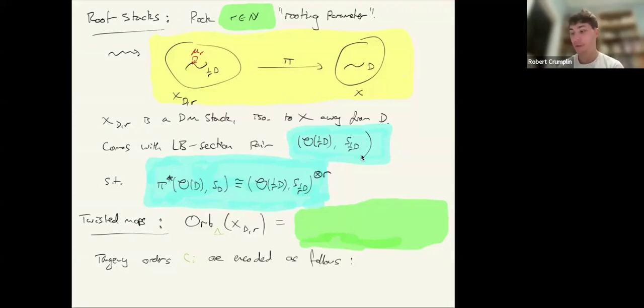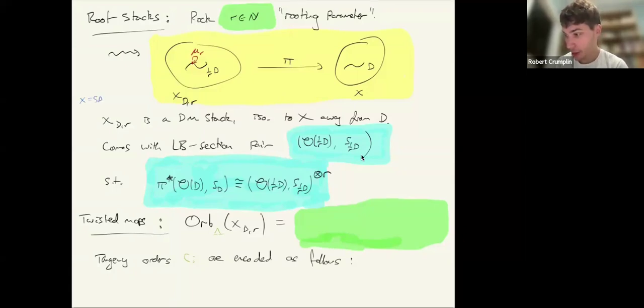I will just say maybe this will help answer your question: the way you construct this X_{D,R} is, okay, here's the local model. It is related to cyclic covers, which are ramified precisely along the divisor.